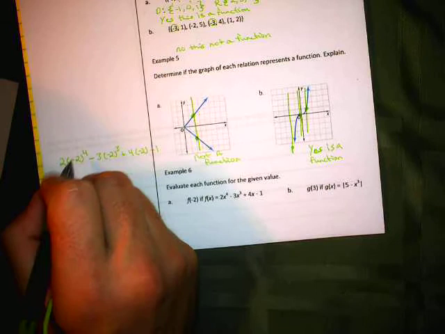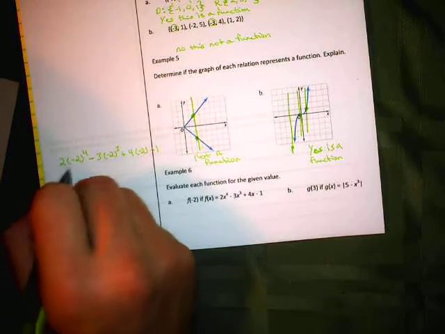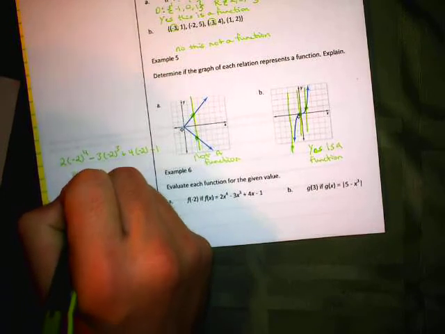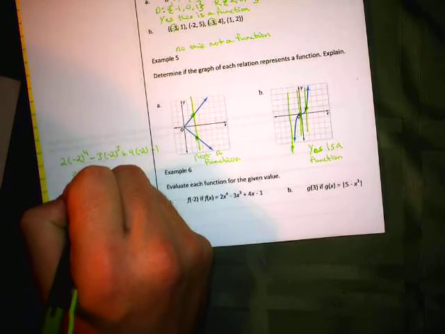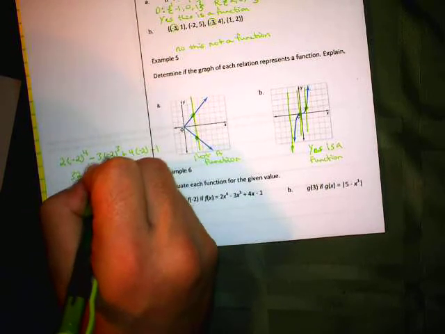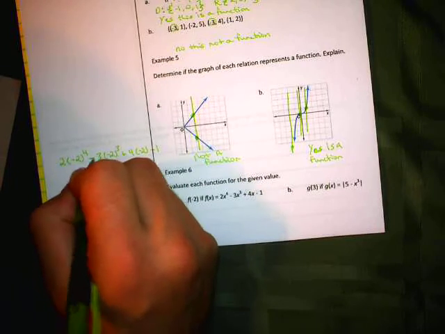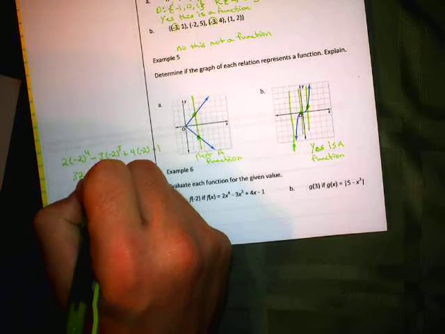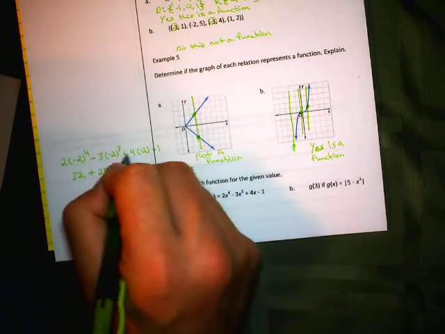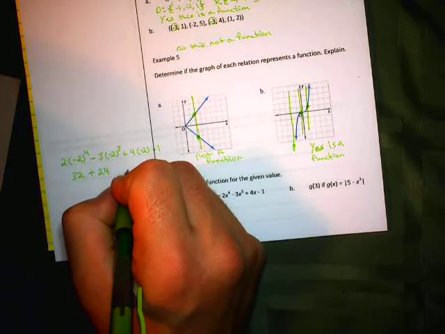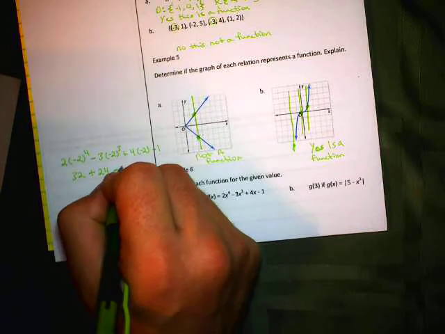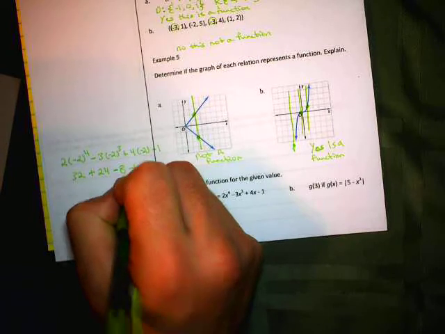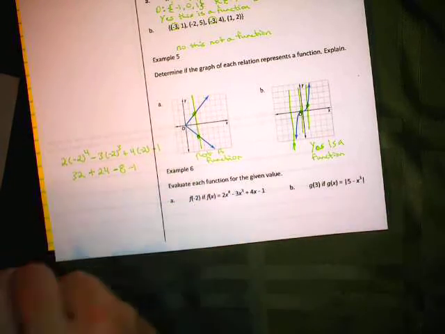I'm going to simplify this first part to 32. It's going to be 32 plus, because we get a negative integer times another negative integer, which gives me a positive 24, plus a negative 8, so let's just put minus 8, and then of course we finish with our minus 1. Final step would be to add all that together.